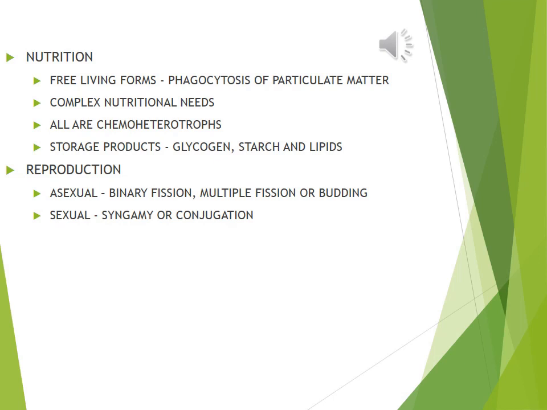Flagella and cilia are fine filaments which extend from the cell. They can be 1 in number, they can even go up to 8. And cilia are nothing but short thread-like extensions coming from the cell, and they help in the movement of the protozoa. Okay.